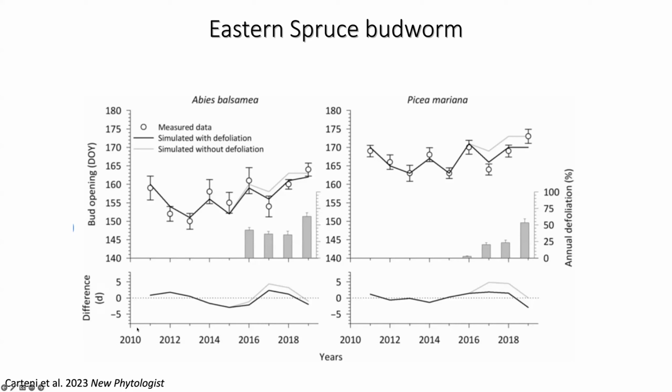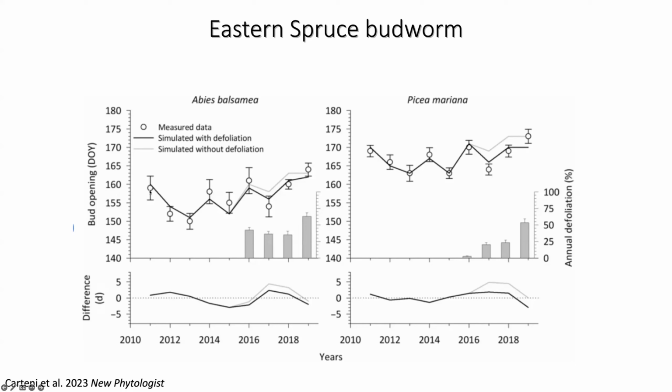We have years on the x-axis from 2010 to 2019, and these researchers looked at when the buds of two species, balsam fir on the left and black spruce on the right, burst. So essentially meaning that you see the needles emerging, and then that becomes a potential food resource for spruce budworm. And then we have the day of the year on the y-axis, and I'll just point to the circles here with the bars of variation.